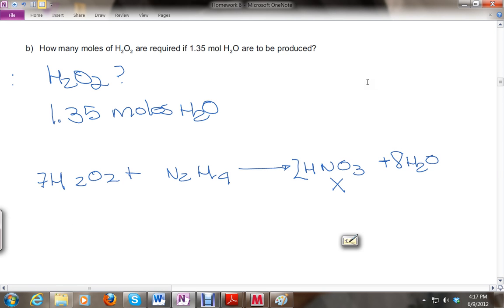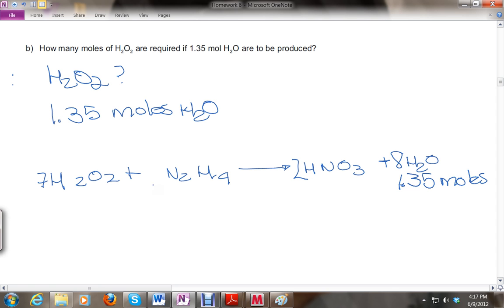So here we go, looking at our equation, the only difference we have here is that now we have 1.35 moles of water. They're just changing the moles of water. But if you know one, you know the rest of them. This is different from letter A, but the same equation.